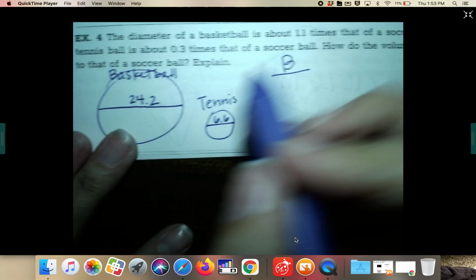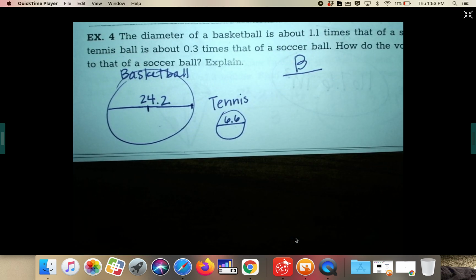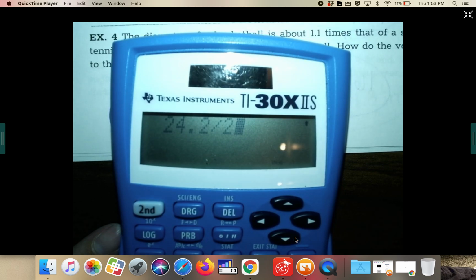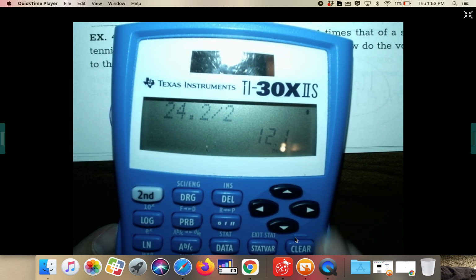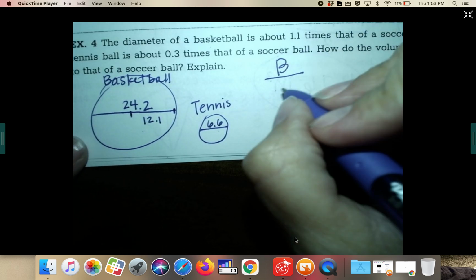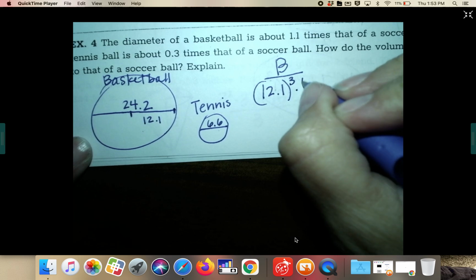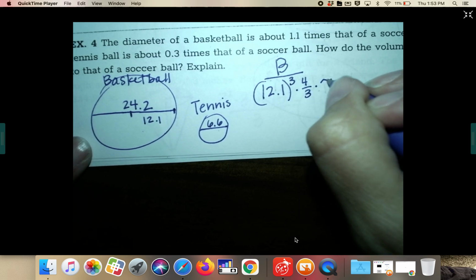So I'm going to start with the basketball. I'm going to call that B. So for my basketball, we're going to take half of 24.2. And if you don't know what that is, just take your calculator and divide by 2. So 24.2 divided in half, which means divided by 2, is 12.1. So we're going to use 12.1, and we're going to do 12.1 cubed times 4/3 times pi.